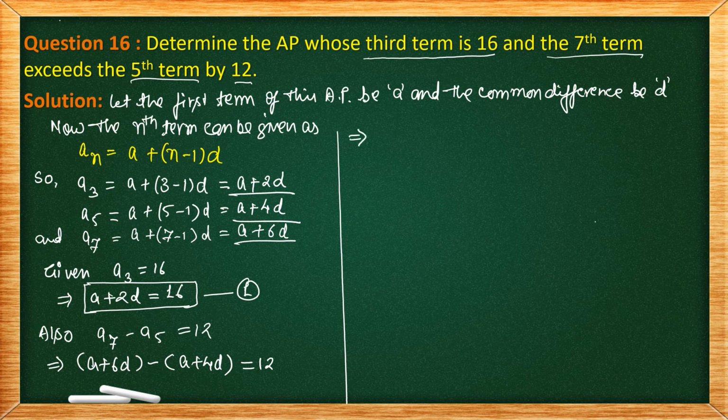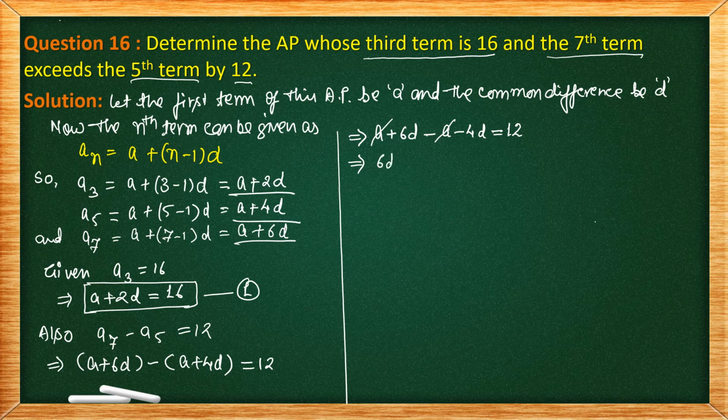Next we will have a plus 6d minus a minus 4d is equal to 12. Now here both the terms having a will be eliminated.